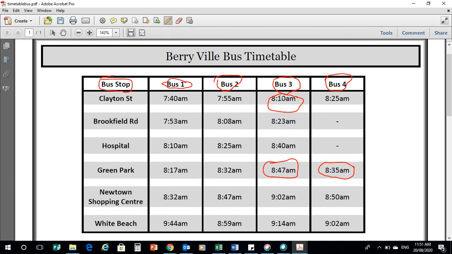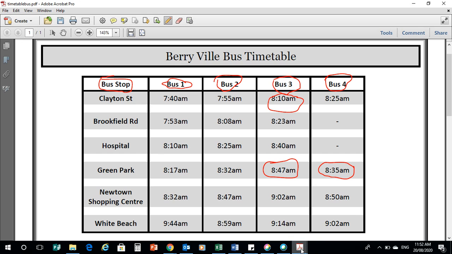If we hopped on the bus at Clayton Street, we get on there at 8:10, and we get off at Green Park at 8:47. So we've got to work out the difference between 8:10 and 8:47. It's simply 8:47 take away 8:10, and that's 37 minutes.